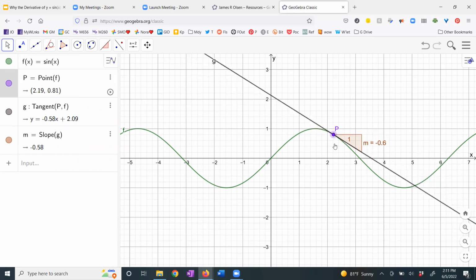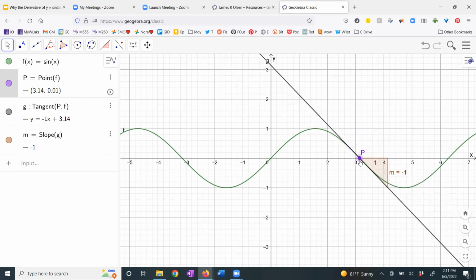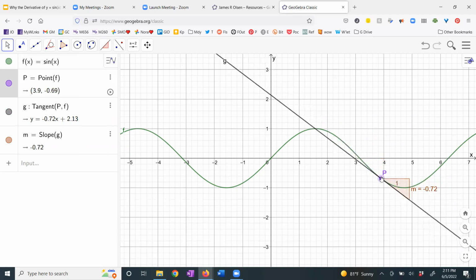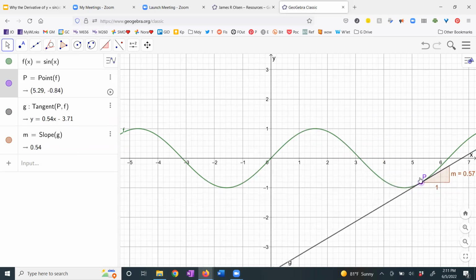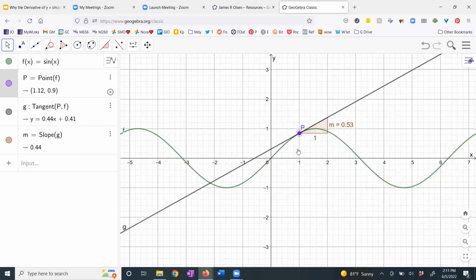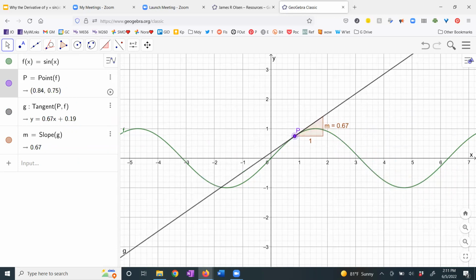Here is a negative slope. It looks like I can achieve a slope of -1, then some negative values closer to 0. Down here, the slope is going to be 0, and so on. So this is showing the slope. This means it's showing the derivative. 0.67 is the derivative of this function at the point P.